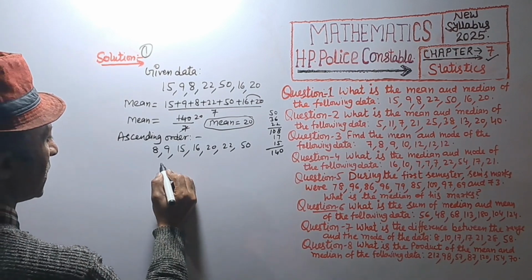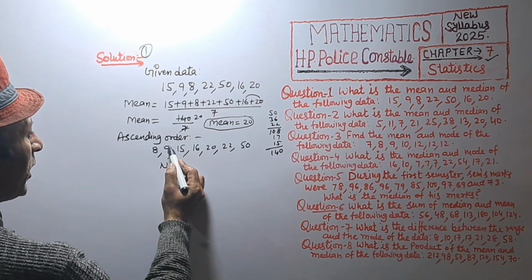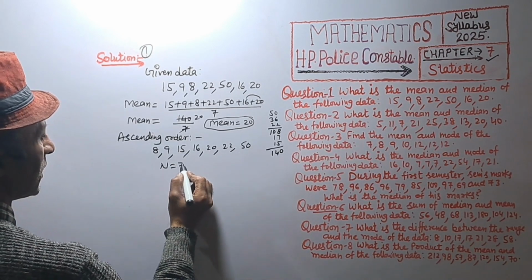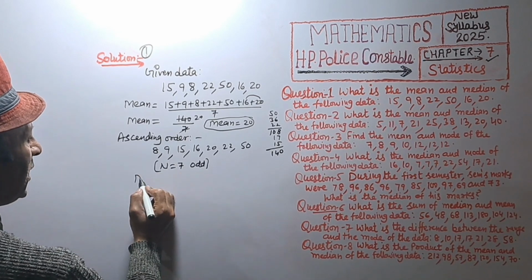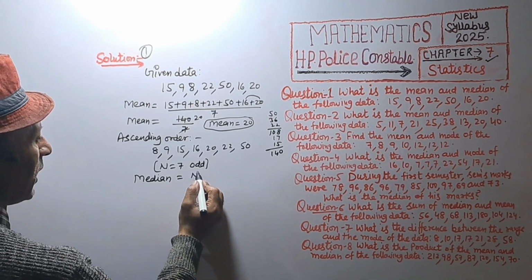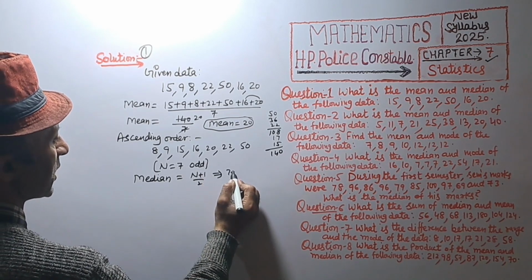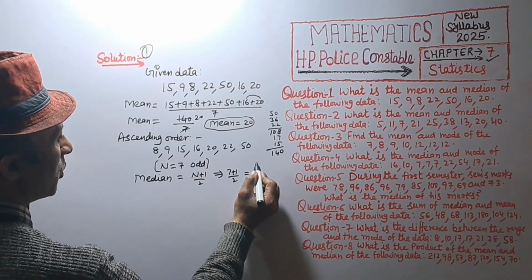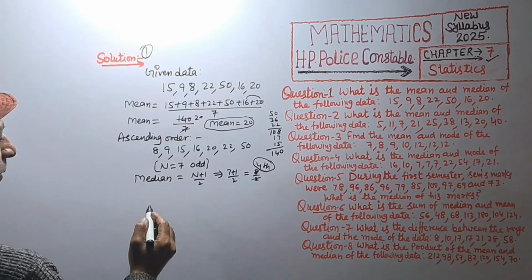If n is equal to, n means total number, 1, 2, 3, 4, 5, 6, 7, which is odd, then median equal to n plus 1 upon 2, which implies 7 plus 1 upon 2 equal to 8 upon 2, and that is the fourth term.